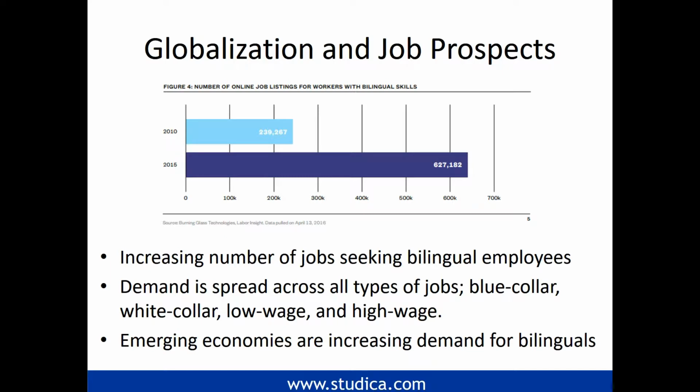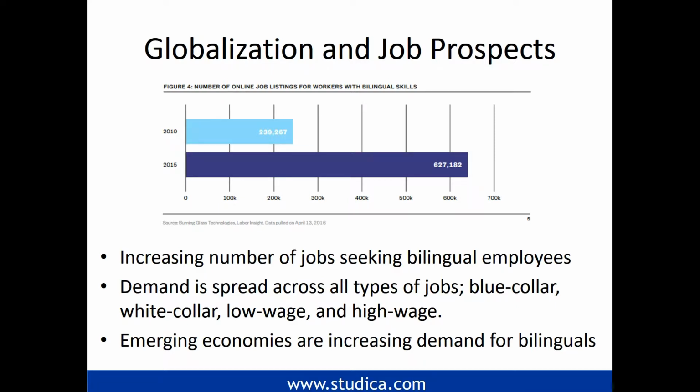And because of this phenomenon, we're seeing a huge increase of companies, specifically a lot of Fortune 500 corporations, who are looking for individuals who are bilingual or who know a language so that those individuals can communicate with people in this emerging economy and understand their cultural norms and traditions and be able to navigate that landscape effectively.